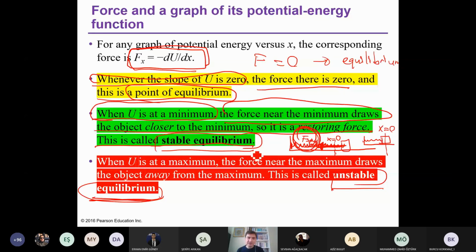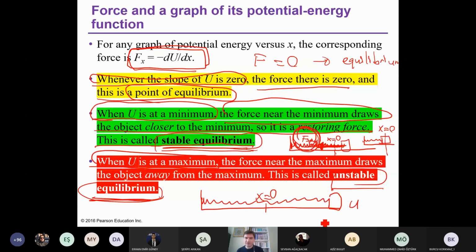When U is at a maximum, when the potential energy is maximum, I'm talking about this condition. This is the 0 position, and this is the maximum stretching of the spring, let's say. Then we have here huge potential energy given with this expression. The force near the maximum draws the object away from the maximum. So the object is staying here, but the spring force draws the object away from the maximum.